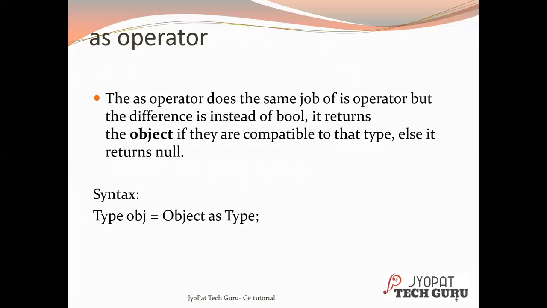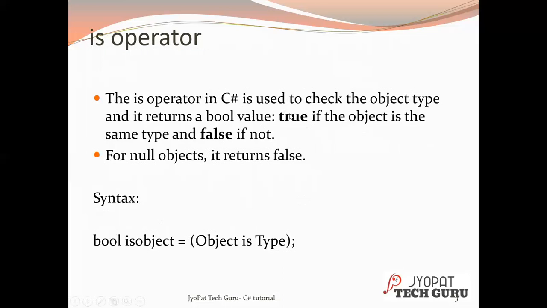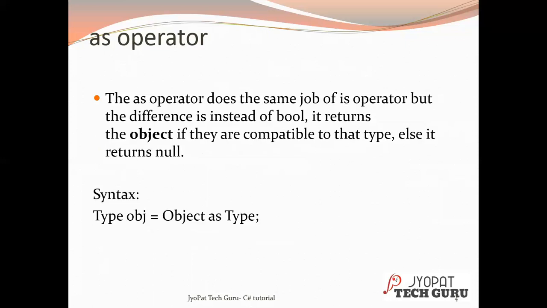The is operator is different, wherein we get true and false as the return value, because it concentrates only on the Boolean value. If it is of the same object type, it returns true, otherwise false. The same thing is done by the as operator also, but instead of the Boolean value, it returns the object if they are compatible.